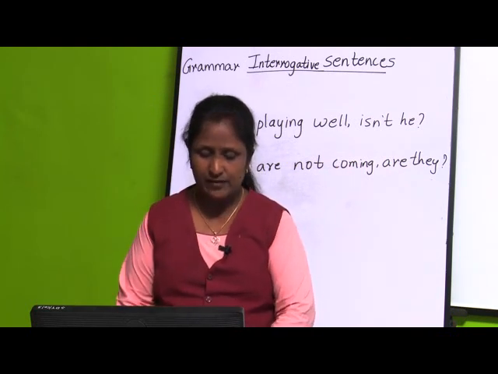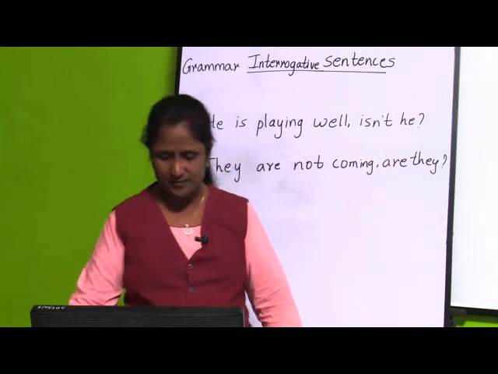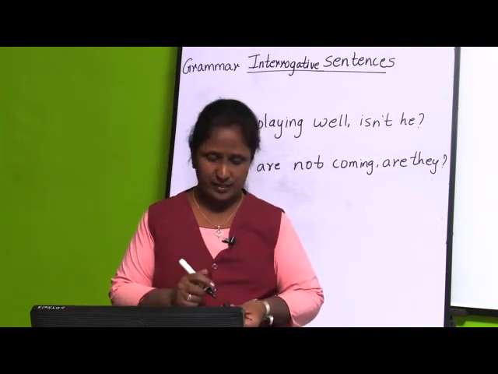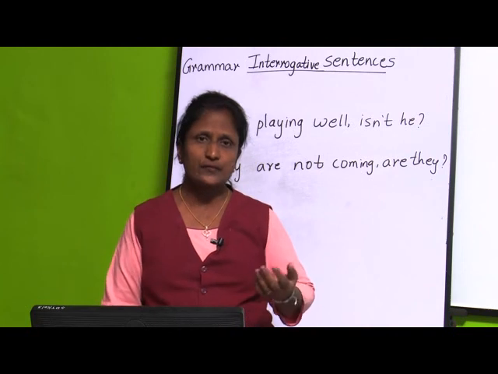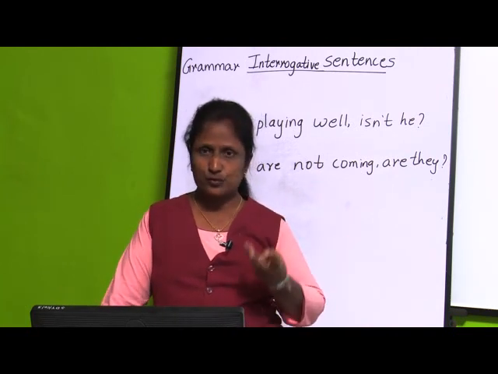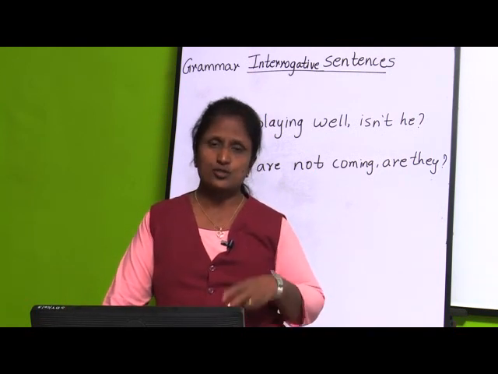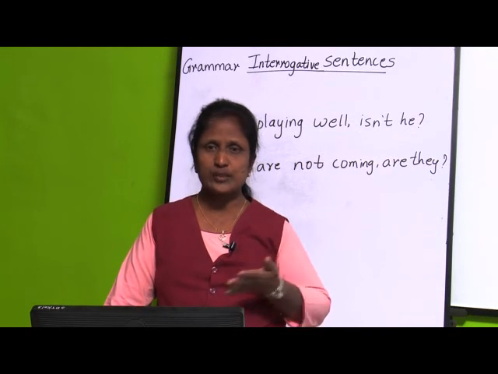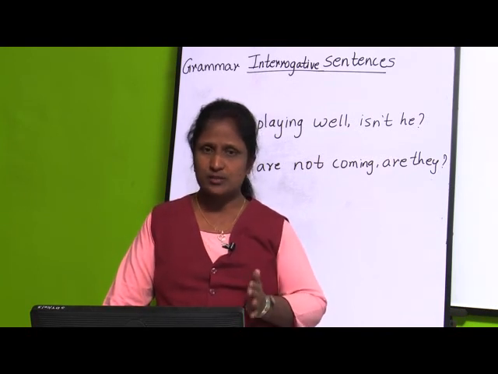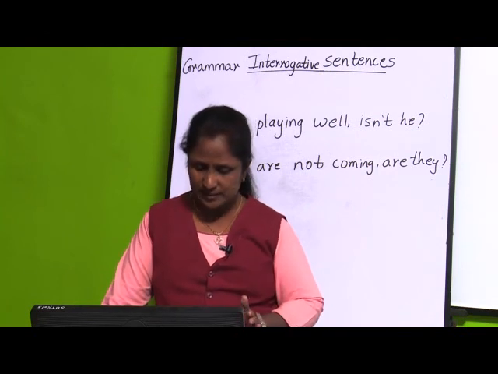So children, we have done with the interrogative sentences. Here we ask questions, and we use question tags. Also we use the question words, that is what, which, who, when, etc., to form the interrogative sentences.